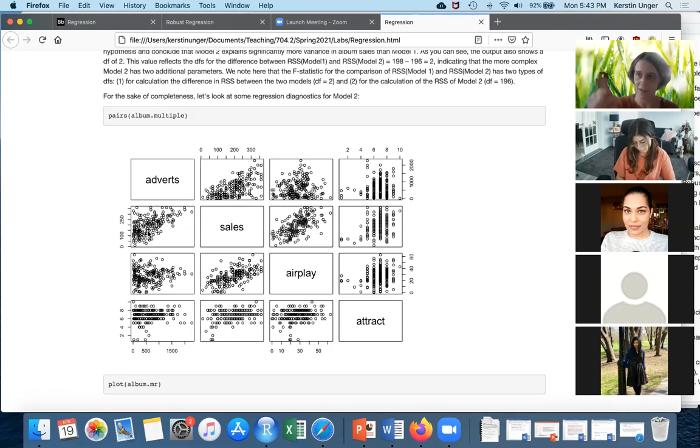A good example is an inverted U-shaped relationship between a predictor and an outcome variable. You have low outcome values for both low and high predictor values. That's often the case for stress: too little is not good, too much is not good, and then you have this sweet spot.